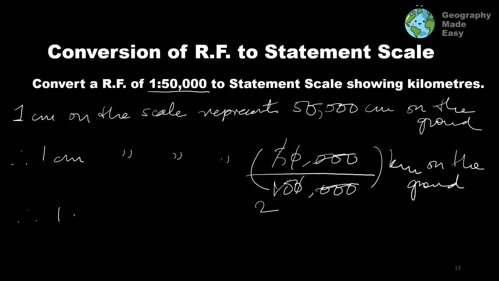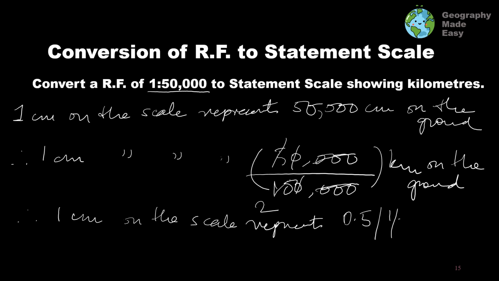Therefore, 1 centimeter on the scale represents 0.5 or half, whatever I write, kilometers on the ground. It's better to write in decimal 0.5, or I can write it here also. If I want to show this better, this is okay. If I do this here, I get full marks because I am absolutely right.